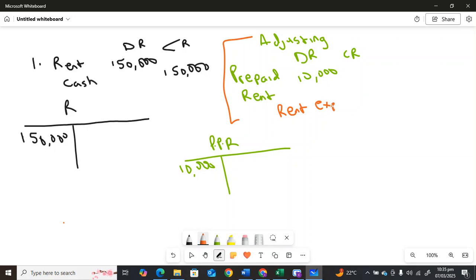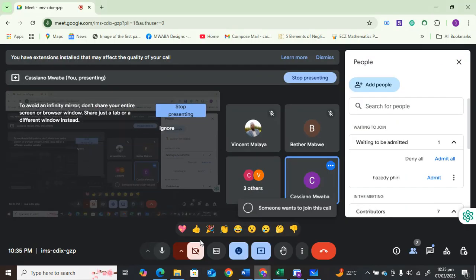So on the rent expense, you credit 10,000. 150,000 minus 10,000 is 140,000. This is what has to appear in the statement of profit or loss, 140,000. And what appears in the balance sheet is this 10,000 there.